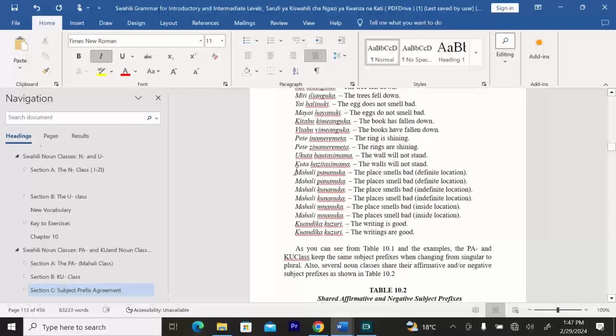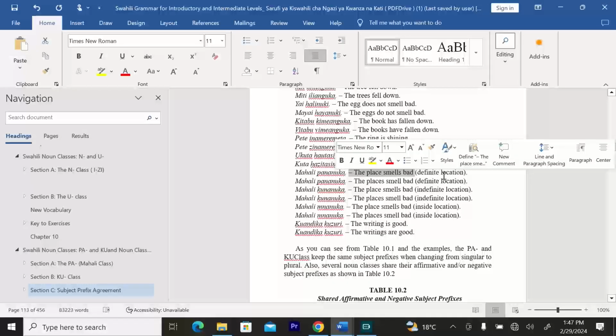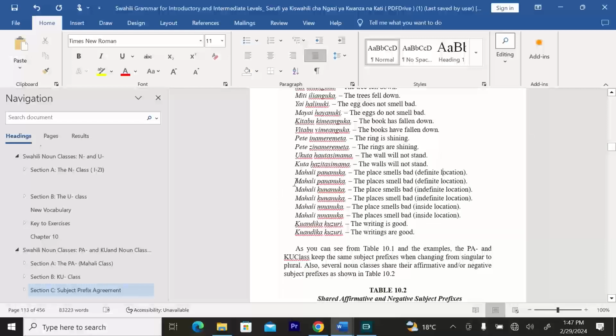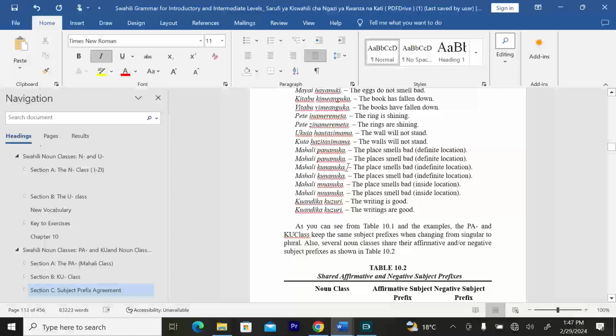The next one is mahali pananuka, which means the place smells bad, which is a definite location. In plural, the place pananuka, which means the place smells bad, which is also a definite location. Mahali kunanuka. The place smells bad, but this is an indefinite location.